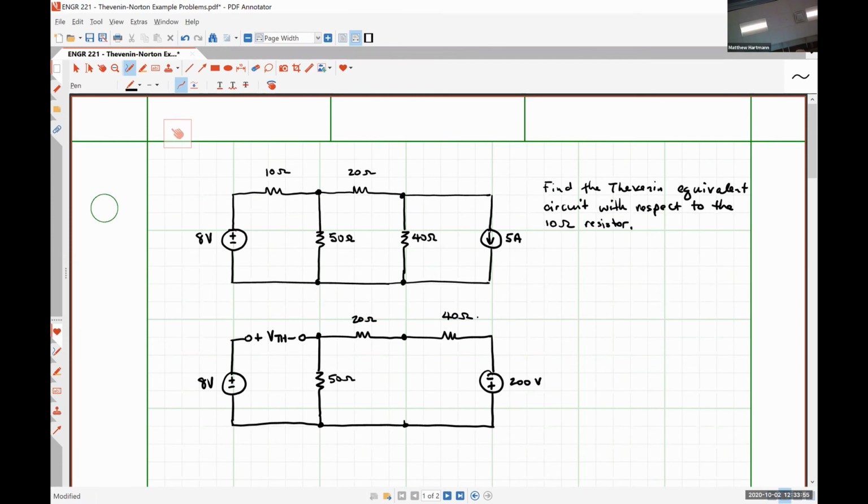So let's talk about what this Thevenin voltage means here. I'm not necessarily going to do nodal analysis, but I'm just going to choose a reference node real quick to explain what's going on. And actually I don't even need to do that. I could have done it with Kirchhoff's voltage law, but anyway.